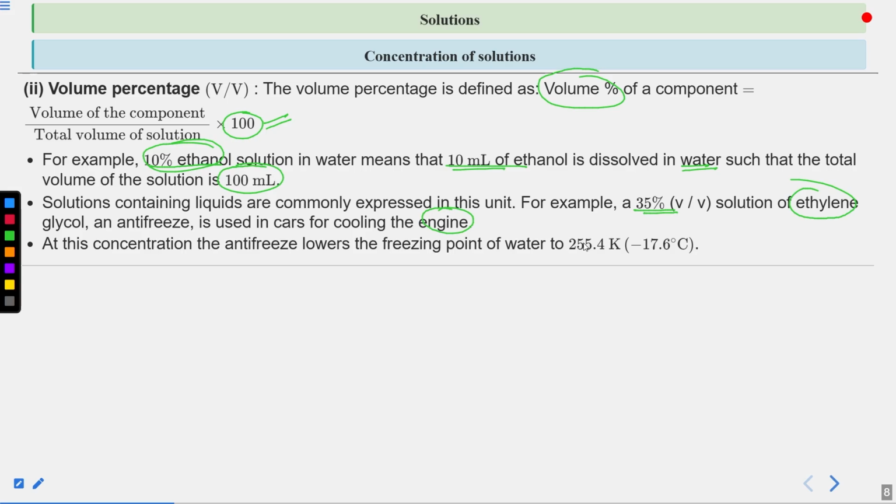And here you will see that the freezing point of water goes from 0 degrees Celsius to minus 17.6 degrees Celsius, and this is a very large dip in the freezing point. So again, I am repeating, it lowers the freezing point of water. Why am I repeating it? Because this will be noticed further in the colligative property, which is termed as lowering of what? Lowering of freezing point. Clear?